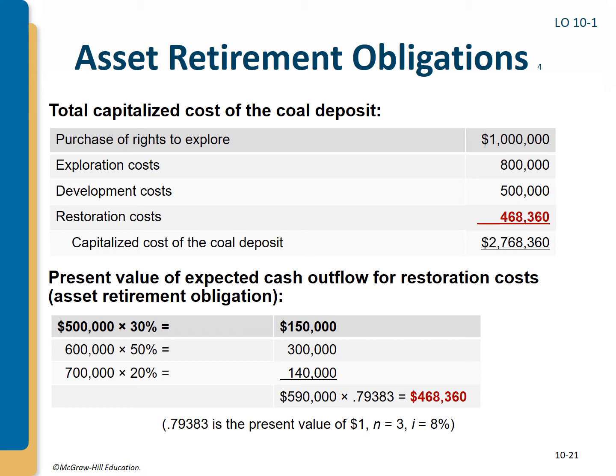That's how much you would debit the natural resource for. And that's how we deal with asset retirement obligations. Determine how much you expect to pay at the end to restore, and then present value it back so that you can record it today as part of your asset cost.